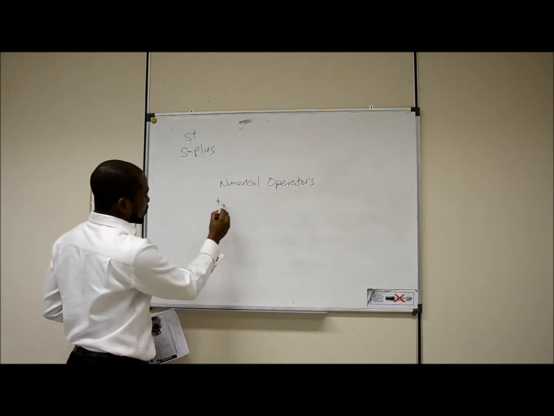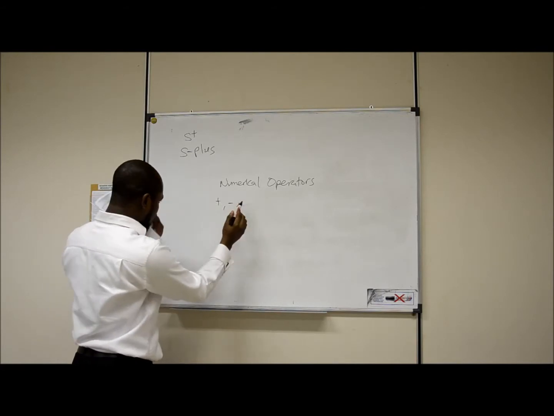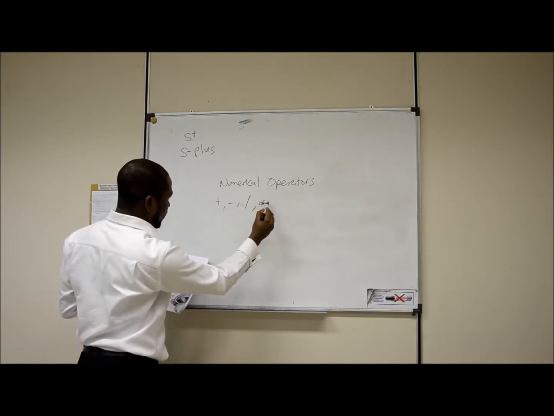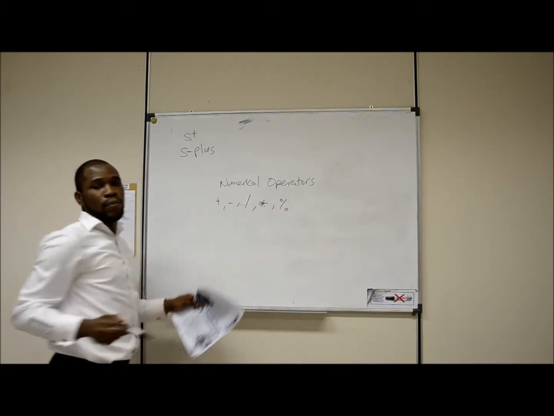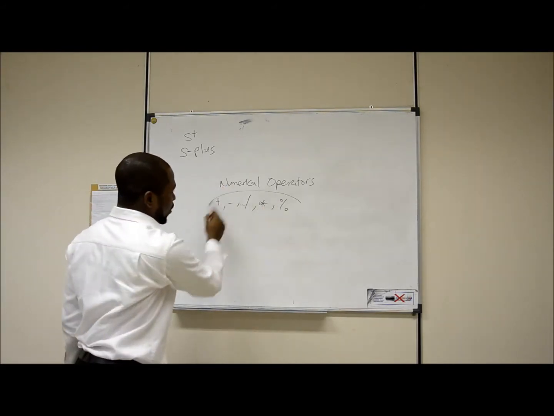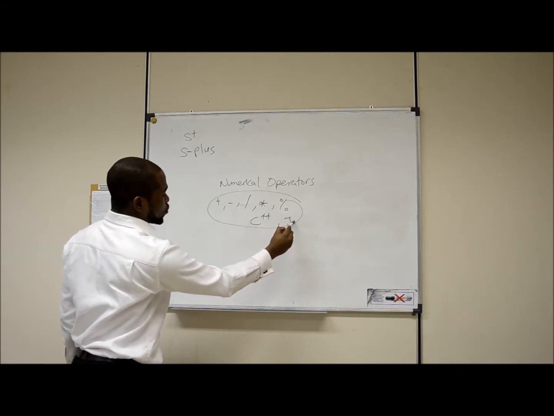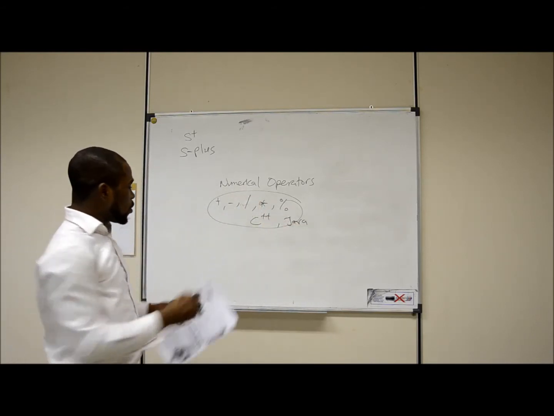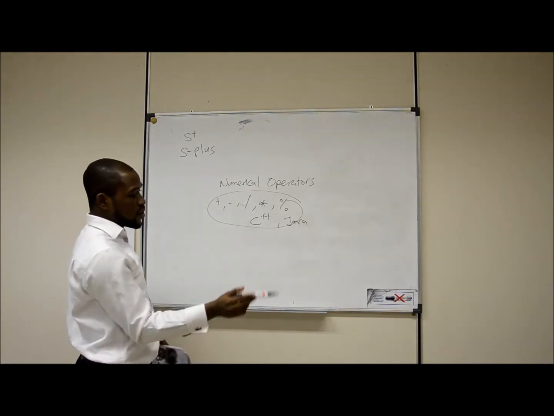We have the plus, the minus, divide, the multiplication sign, and the modulus. All these are programming numerical operators. They are also in C++ and in Java programming, and they are used in S+. These are some of the symbols that can be found in S+, too.